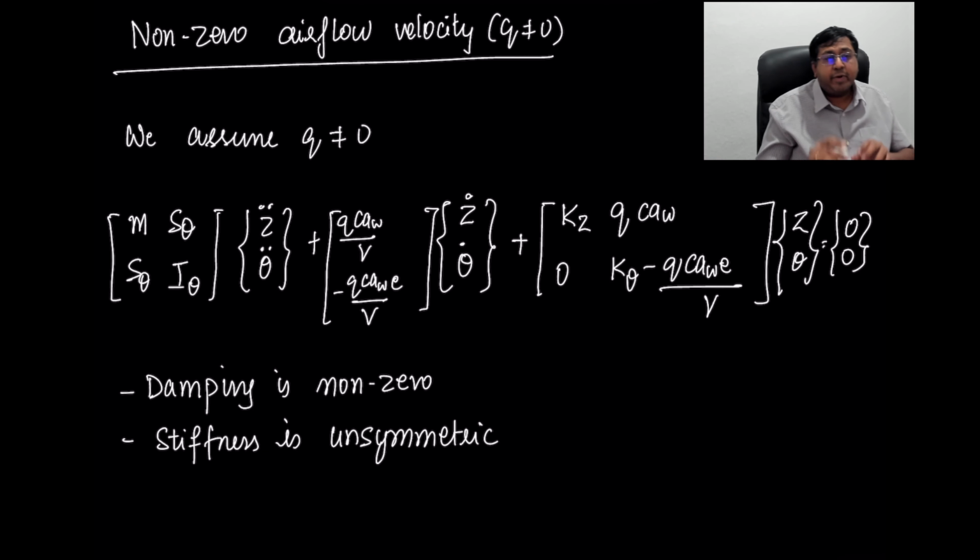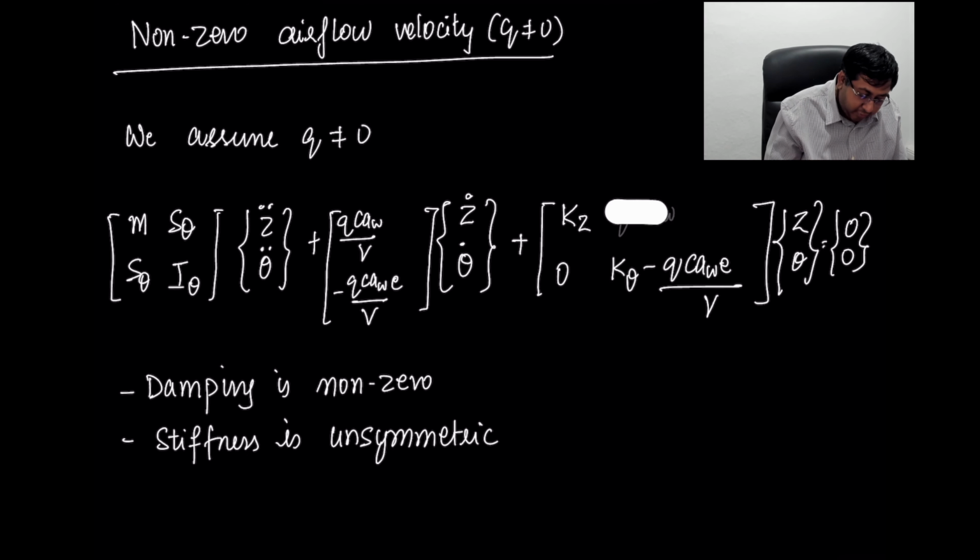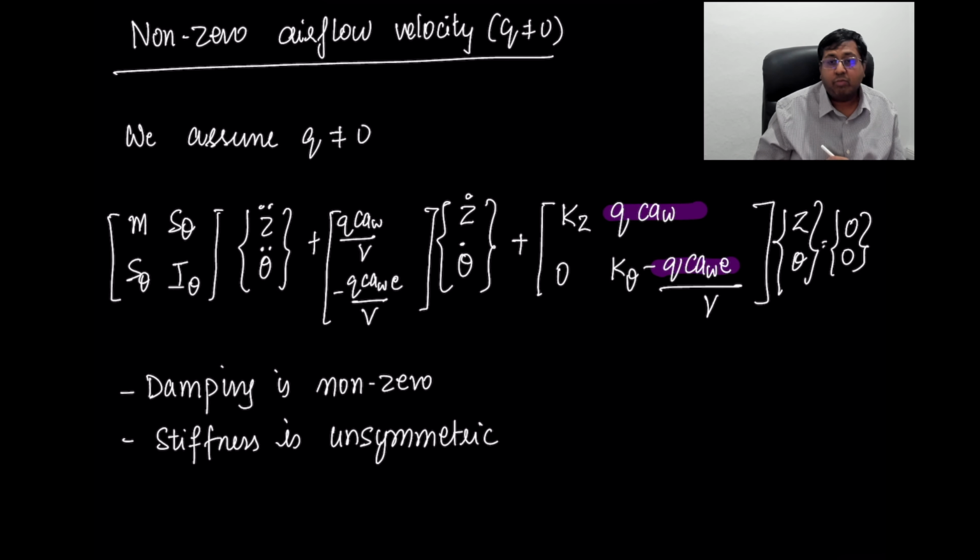If you remember, without the q terms, this term was 0, and this term was 0 previously, when q was 0. Now that q is there, this stiffness matrix is no longer symmetric, it is unsymmetric.